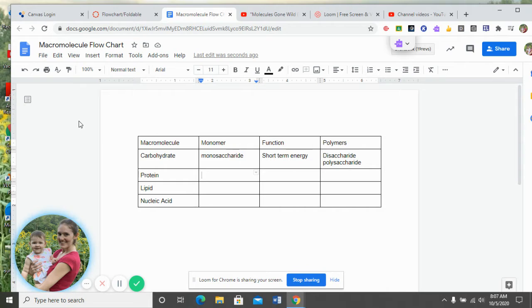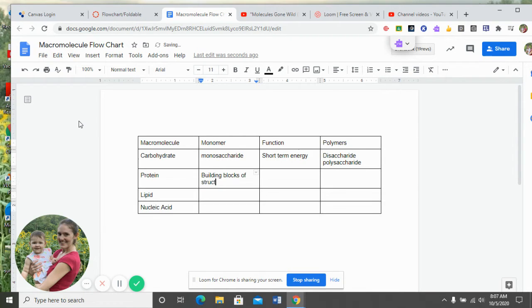The next one is a protein. Now, proteins are the building blocks of structures. Oops, that's their function. Sorry, guys.